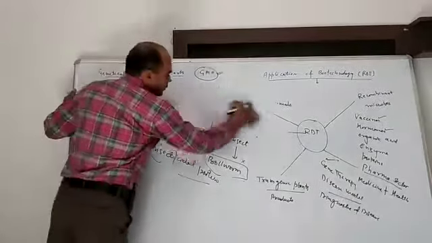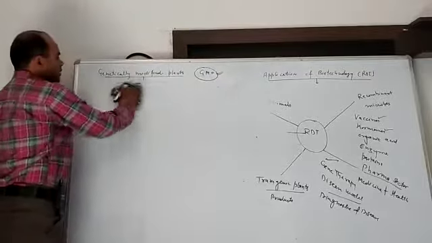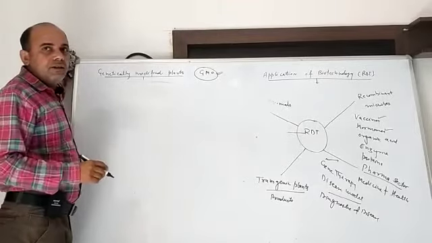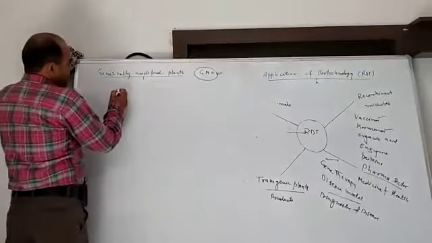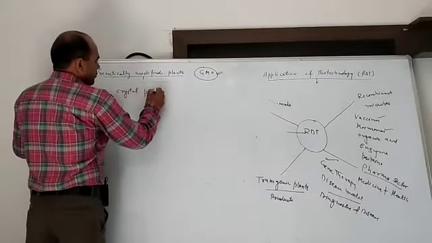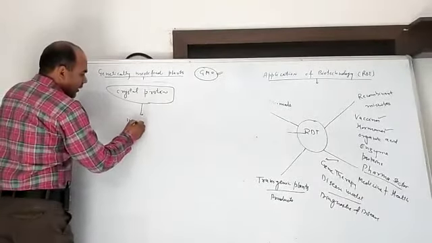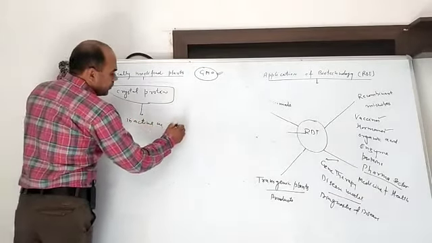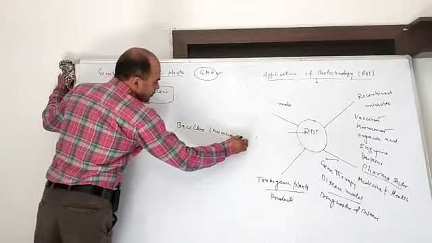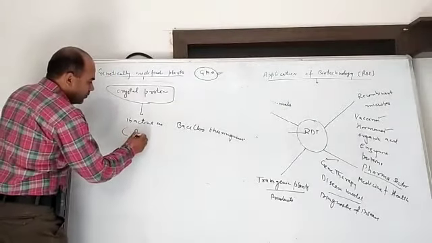The reason is why this Bt gene product, called crystal protein, does not cause the death of Bacillus thuringiensis, because these crystal proteins are produced in inactive form in Bacillus thuringiensis. This inactive form is called protoxin.